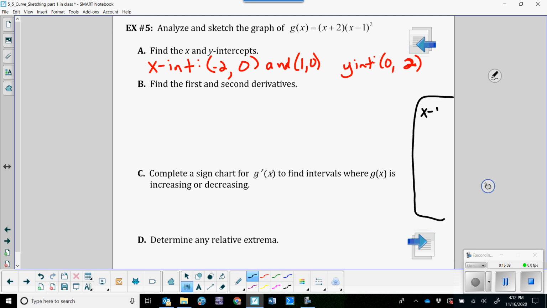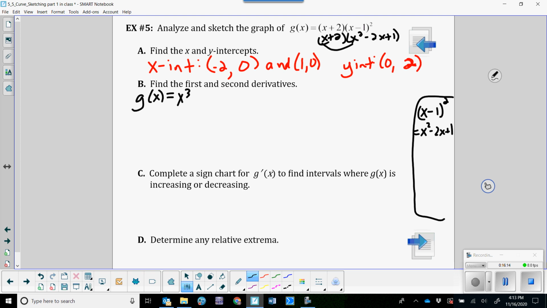So (x minus 1) squared is x squared minus 2x plus 1. And now I need to multiply that times (x plus 2). So I have (x plus 2) times (x squared minus 2x plus 1), and I'm going to write the results down here as what g of x is going to end up being. So you would have x times x squared, so you're going to get x cubed.